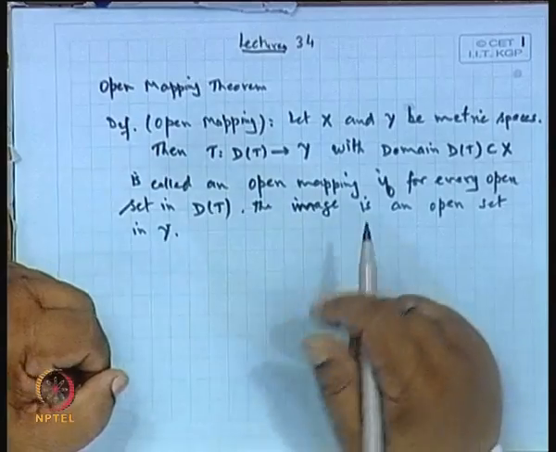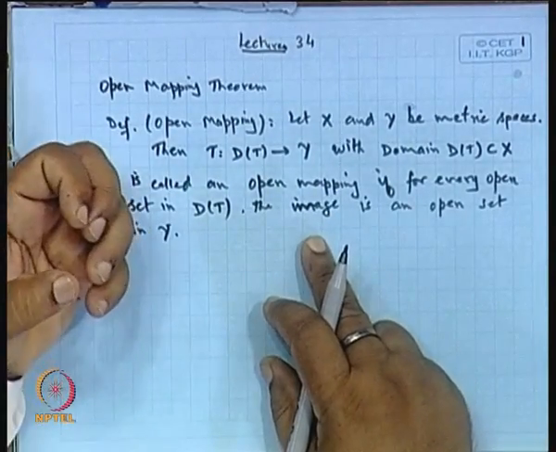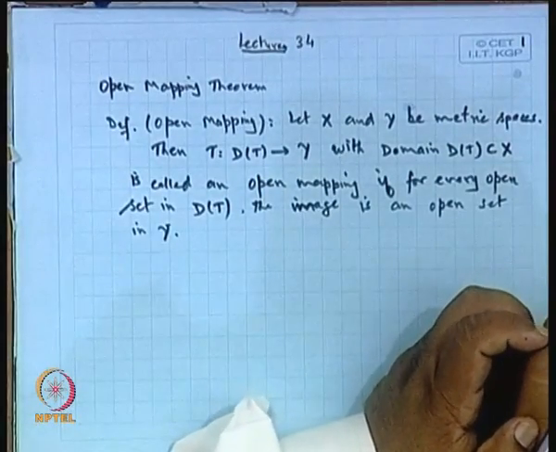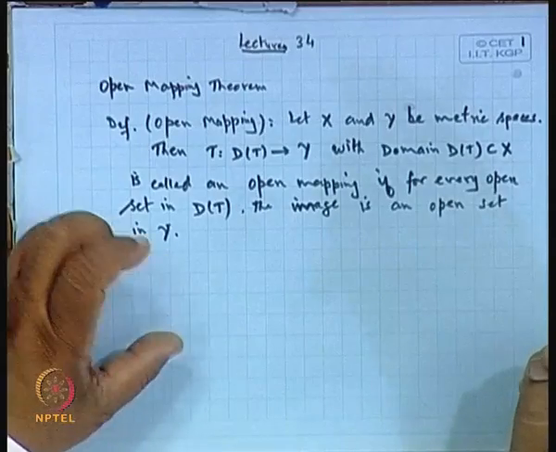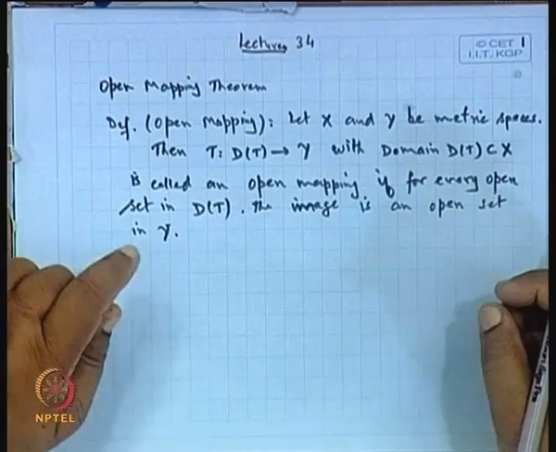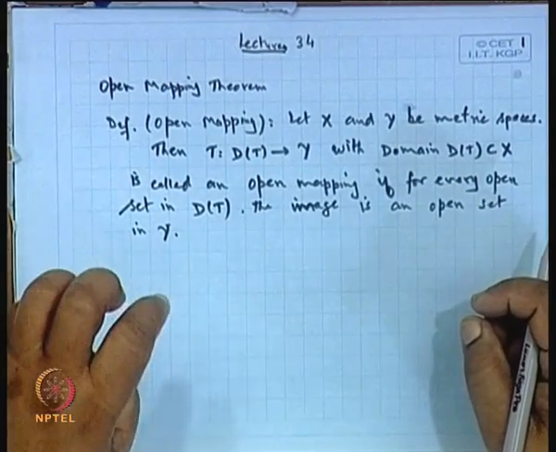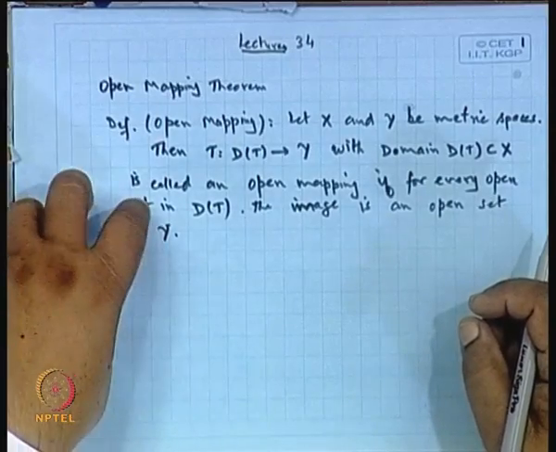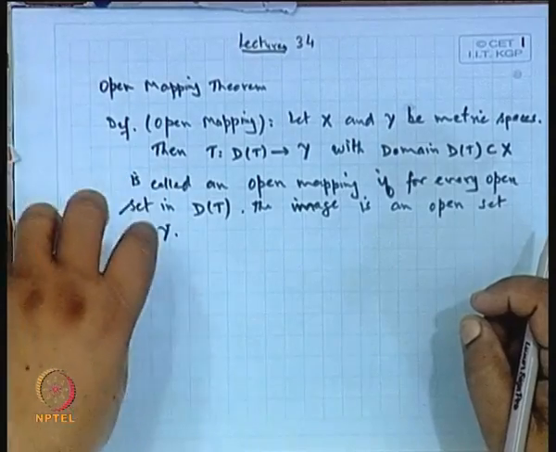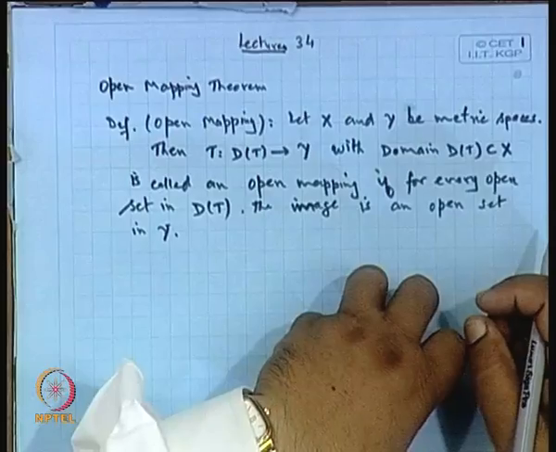Now, when we say that the image of an open set under this mapping is an open set in Y, we can have two types of possibility. One is when the mapping maps the sets from the domain into Y, and the second is when it maps the sets in the domain onto its range set.